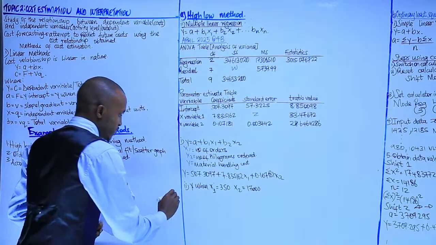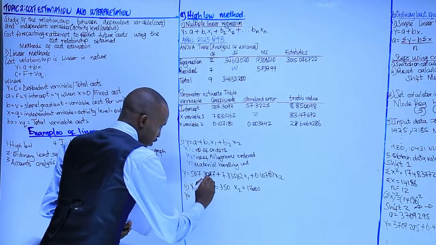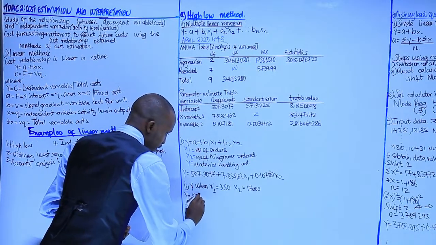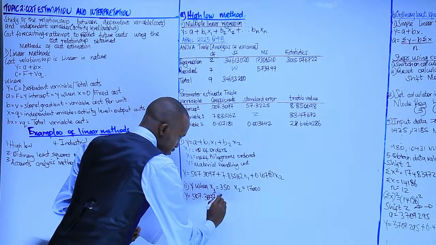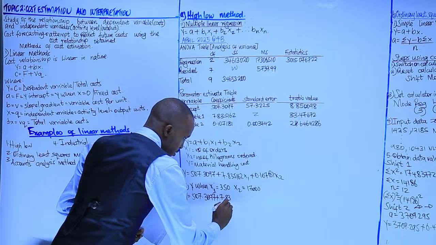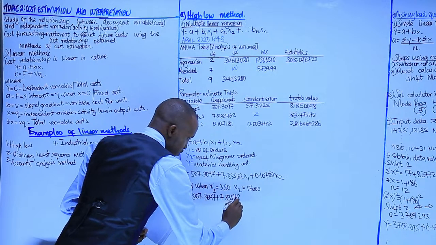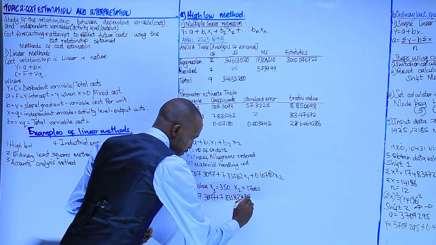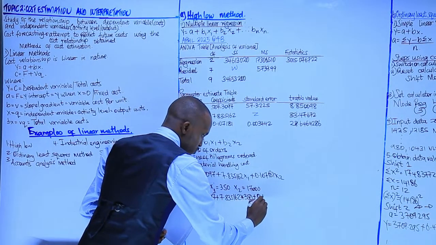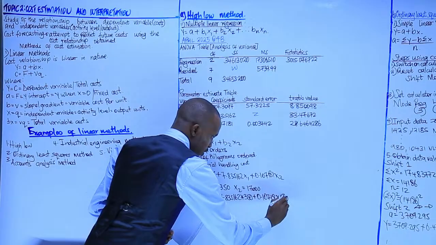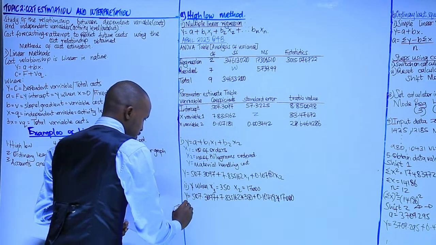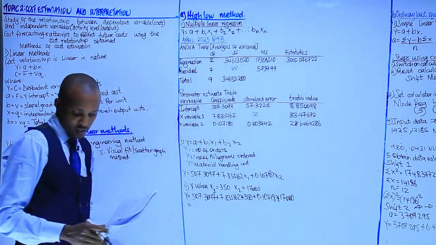So you simply now substitute. The equation of y is 507.3097 plus 7.835162 times 350 plus 0.10718 times 17,000, because you received 17,000 kgs.